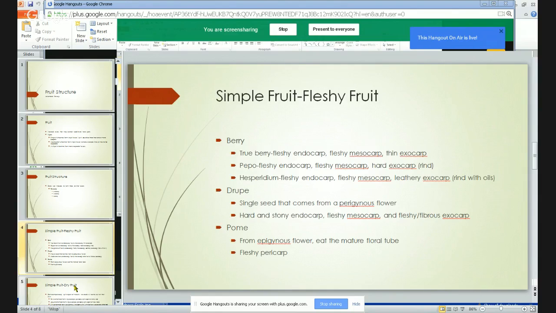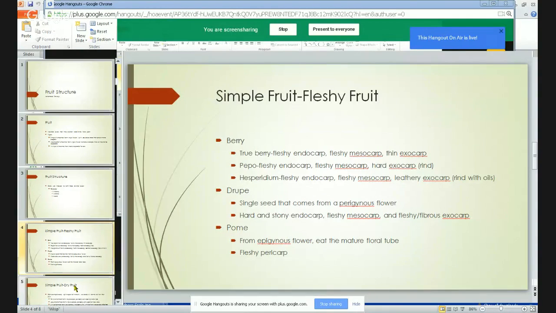So with this one, what ends up happening is we end up eating the mature floral tube. So I just realized I drew some of these. If you look at your pome on your diagrams, you've got the pome there on the far right.